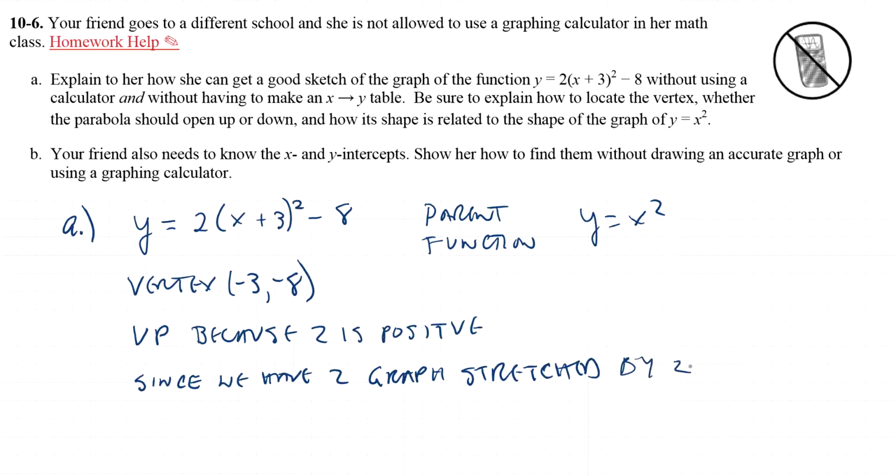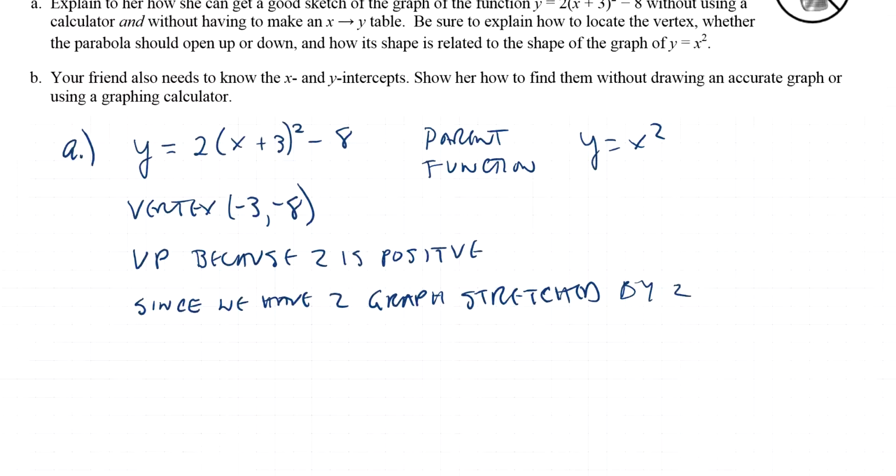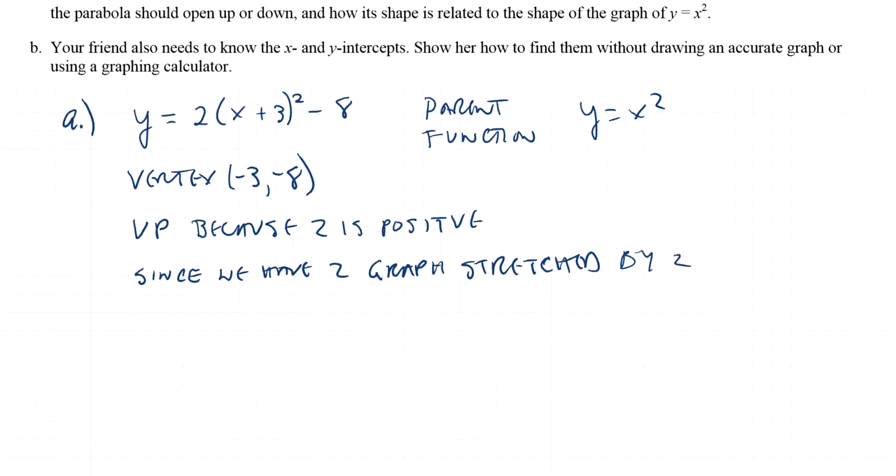Alright, now in B it says your friend also needs to know the x and y intercepts. Show how to find them without drawing an accurate graph or using your graphing calculator. Well, this is easy enough because we know the x-intercepts occur at y equals 0.